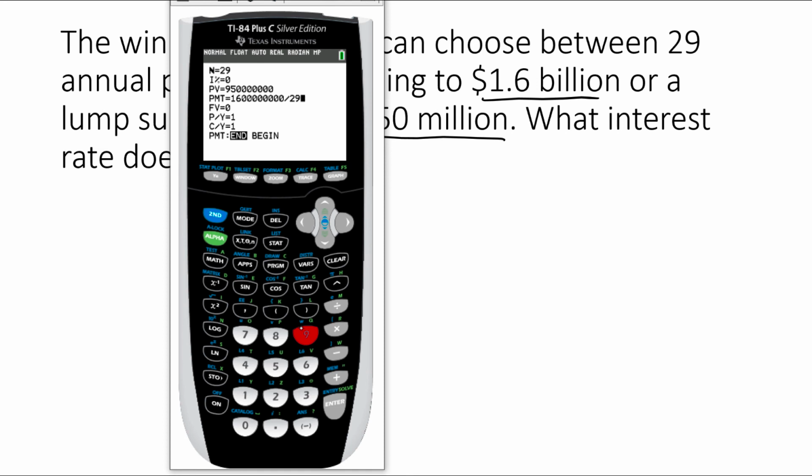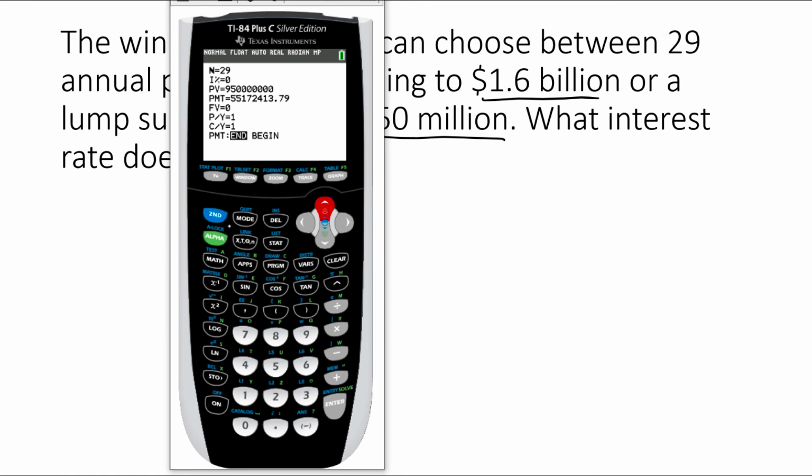That would be a little over $55 million per year. So you can choose either between $55 million a year for 29 years or $950 million all at the same time. Now what we want to do is find the interest rate.